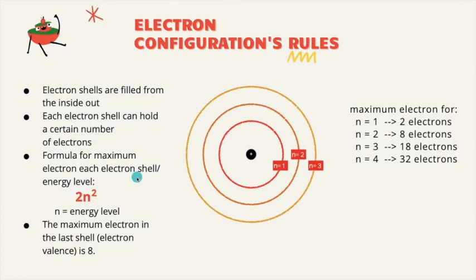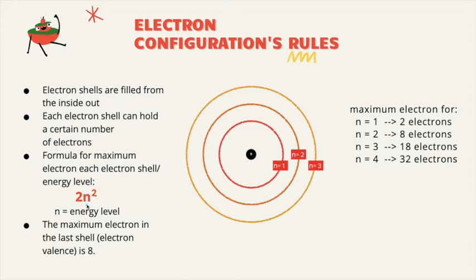The maximum follows this formula, 2n squared, 2n kuadrat, where n means the energy level. Jadi n-nya ini adalah energy level atau kulit-kulitnya. n equals 1 for the first, n equals 2 for the second, n equals 3 for the third. Jadi maksimum elektronnya mengikuti rumus 2n kuadrat.